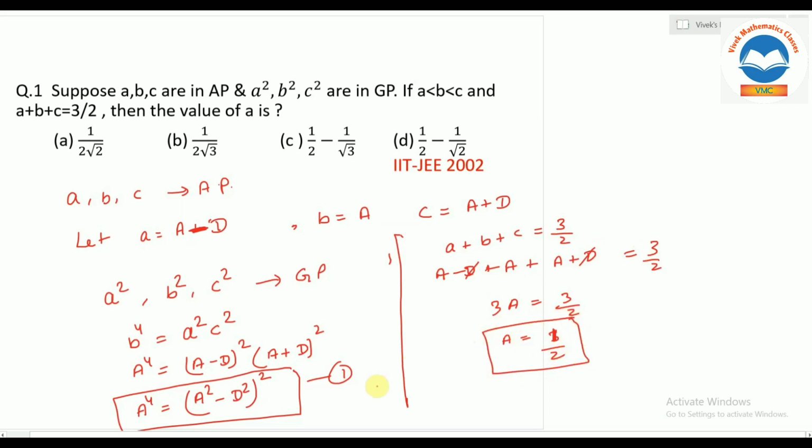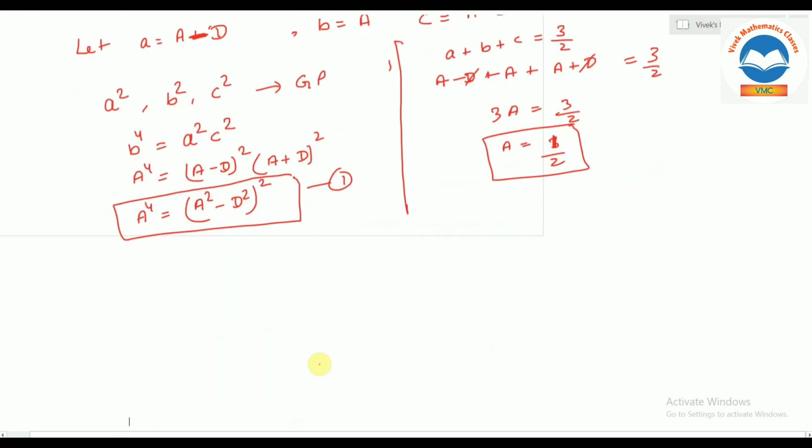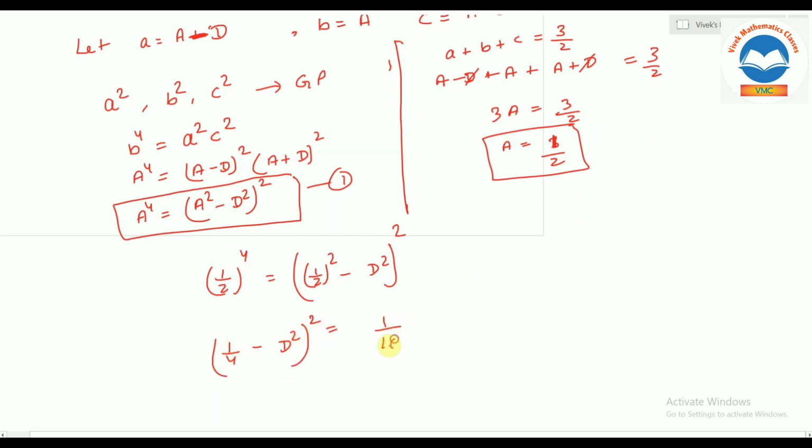What we will do? We will substitute this A value in the equation number 1 and we will get D value. So what we will get? 1 by 2 power 4 will be equal to 1 by 2 square minus D square the whole square. Okay. So this one we will get 1 by 4 minus D square the square will be equal to 1 by 16.